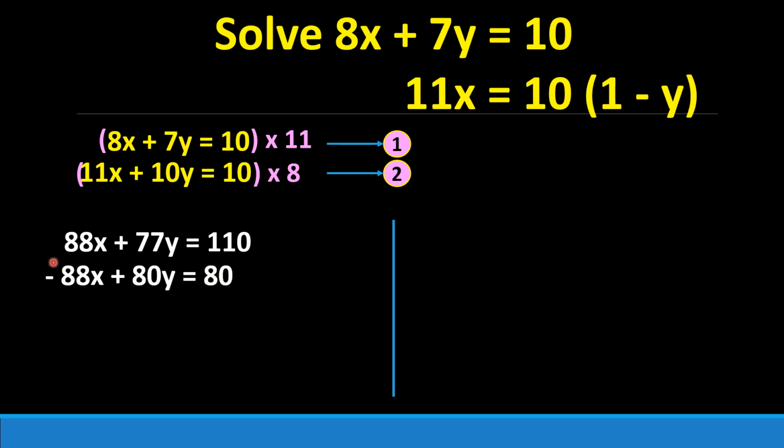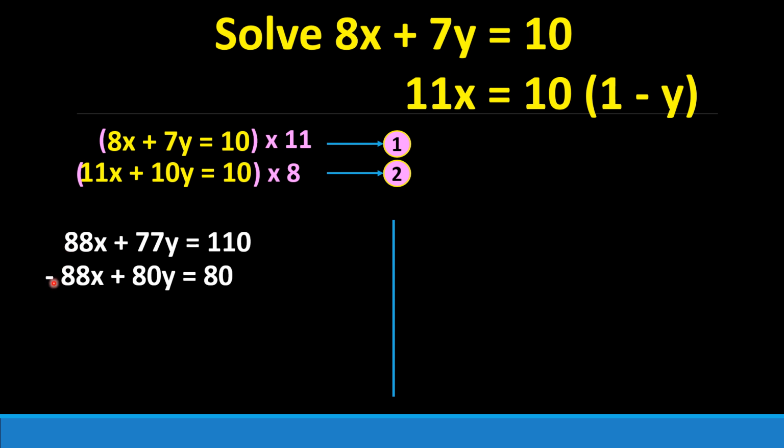Now, the coefficient of x in the first equation is equal to the coefficient of x in the second equation. So, by subtracting the second value from the first value, we can eliminate these two values. So hence here we have to put the minus sign, or we have to subtract the second equation from the first equation.